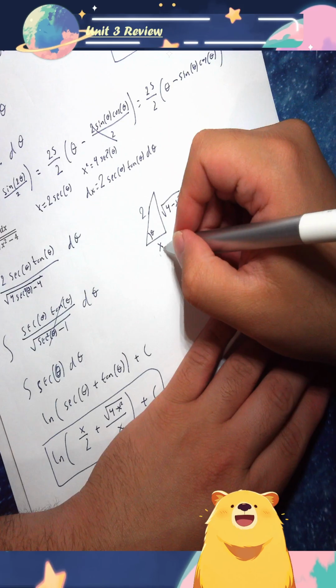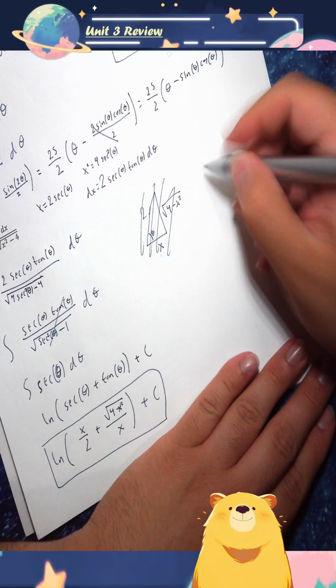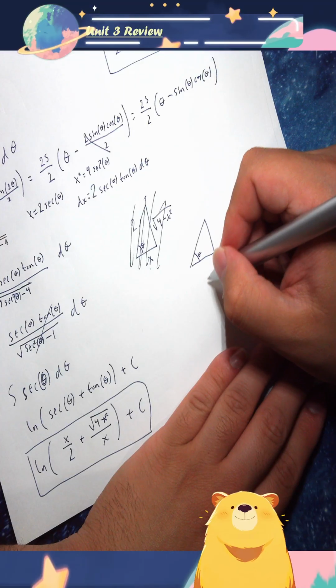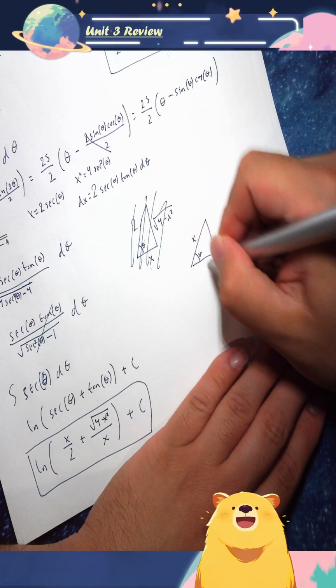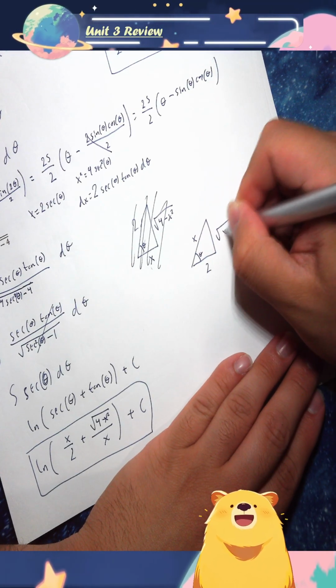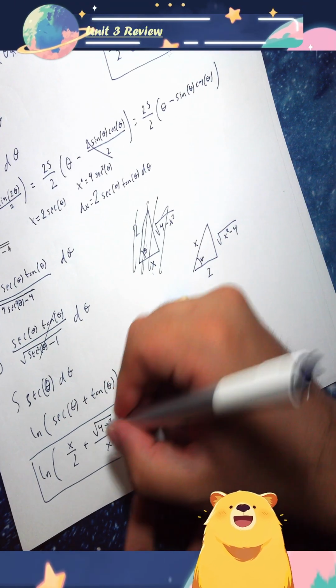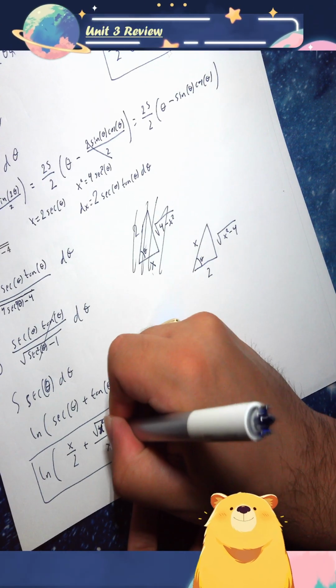I did cosine. So I need to flip this a little. Okay. So secant is x over 2. So that's going to be hypotenuse over adjacent. So that means this is x squared minus 4. So really the only thing that changes is that this is x squared and this is 4.